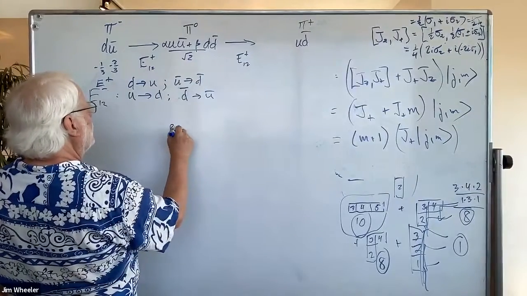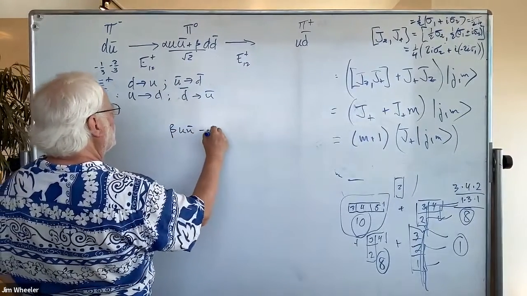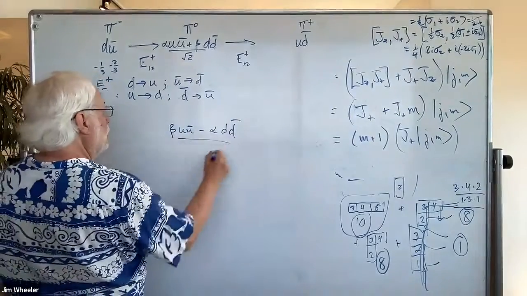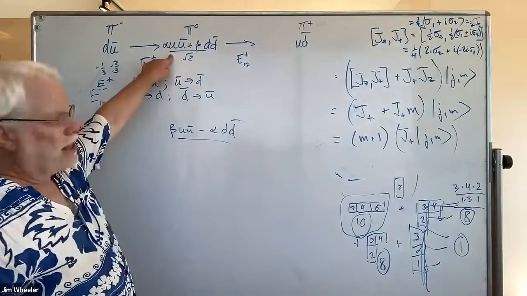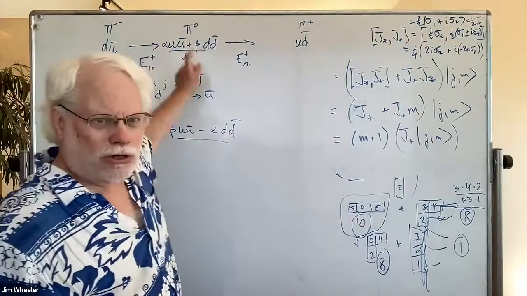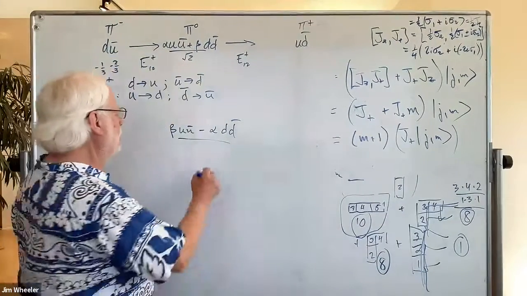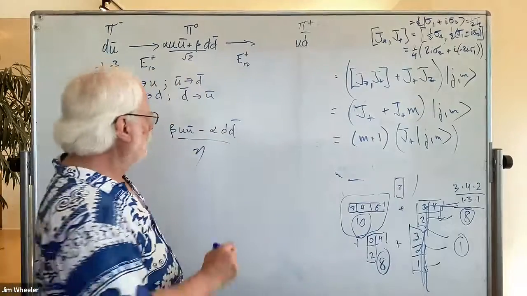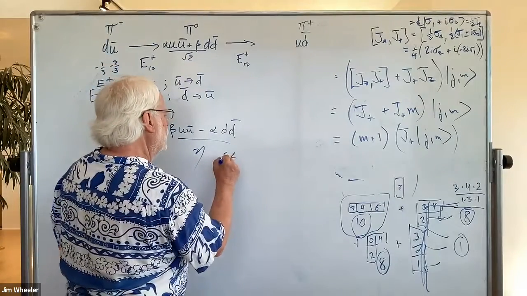If we take β U U bar minus α D D bar, suitably normalized, that's orthogonal to this state. So this is some other particle. It's called an eta, and it has a mass of 548 MeV.